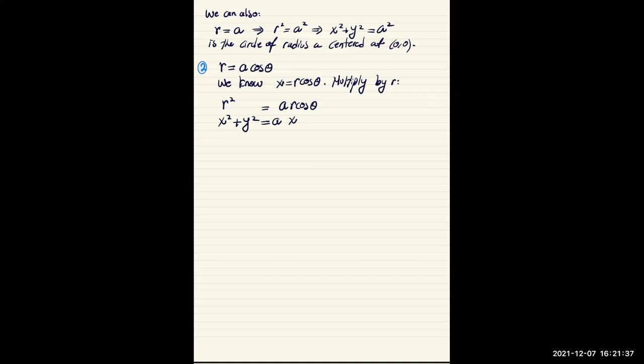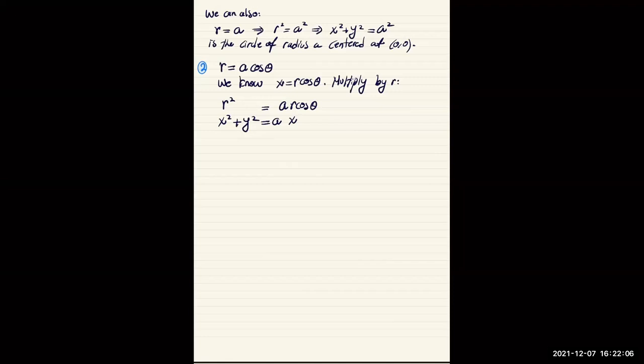And to do that, you have to complete the square. A shift is when you have, let's say, x minus h squared plus y minus k squared equal to radius squared. This is a shift h units in the horizontal direction and k units in the vertical direction.